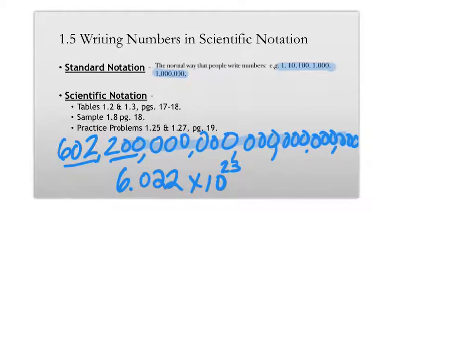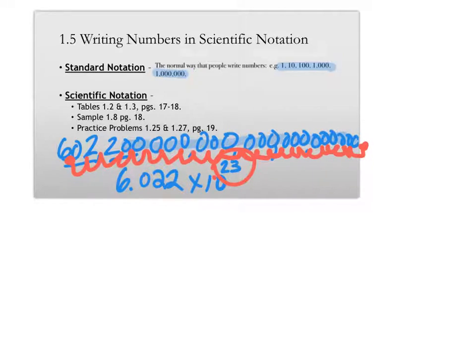The number 23 right there, which is a power, 10 to the power of 23, tells you how many times you would need to move the decimal place, which would be right here, to the left to be before the 6. 1, 2, 3, 4, 5, 6, 7, 8, 9, 10, 11, 12, 13, 14, 15, 16, 17, 18, 19, 20, 21, 22, and 23 times.